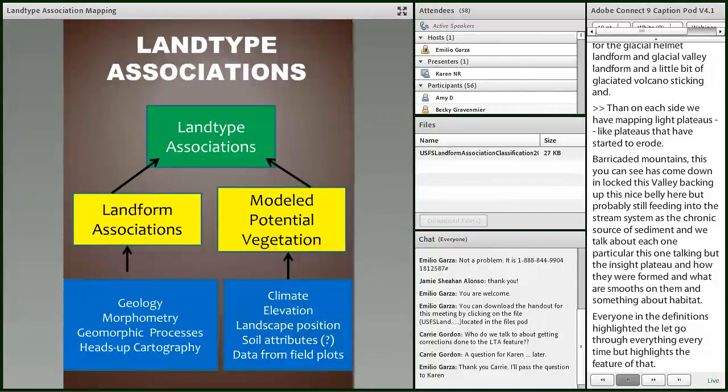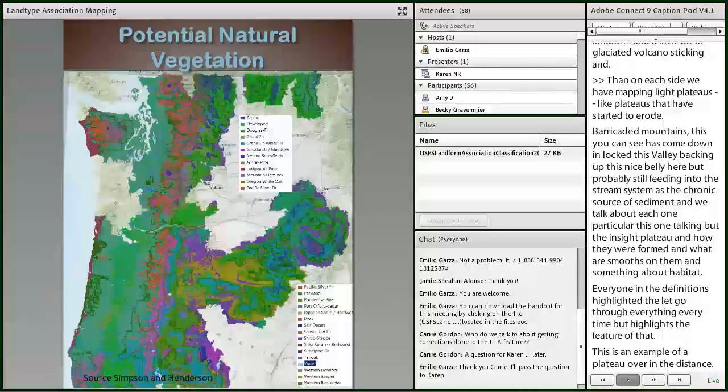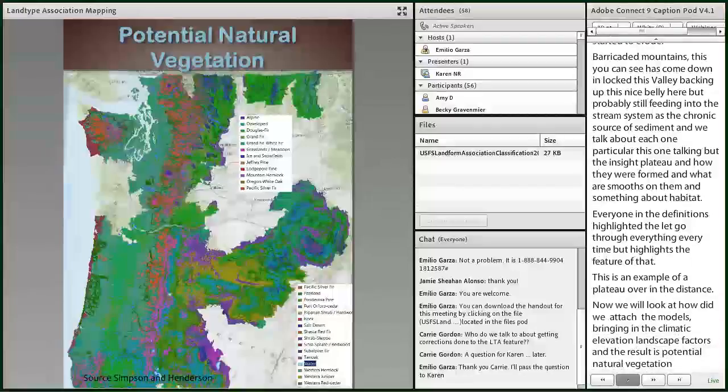So now we'll look at how we attached the potential vegetation model. The ecologists mapped it, as I said, bringing in the climatic, elevational, and landscape position factors. The result is a potential natural vegetation map that goes from Sitka spruce on the coast, western hemlock, grand fir in the valley, up to Pacific silver fir, mountain hemlock, and so on across the region.